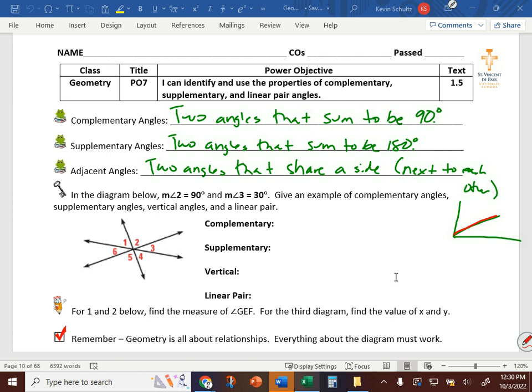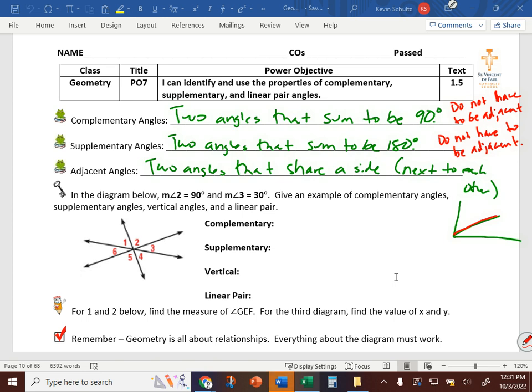So I'm going to add in here, because I think I'm going to put this on one of your bell ringers: complementary angles do not have to be adjacent, and again for supplementary, they do not have to be adjacent. They can be, but they don't have to be.